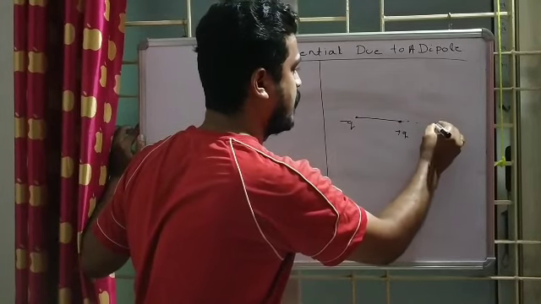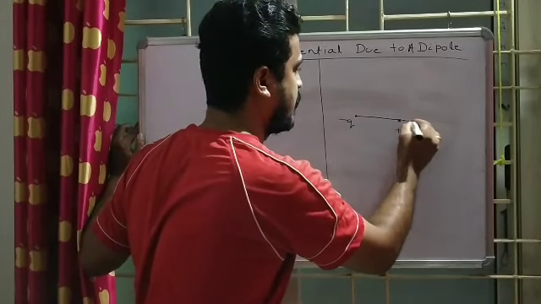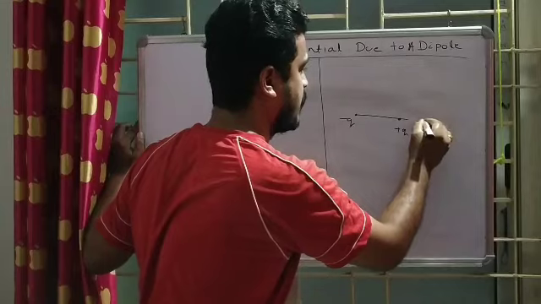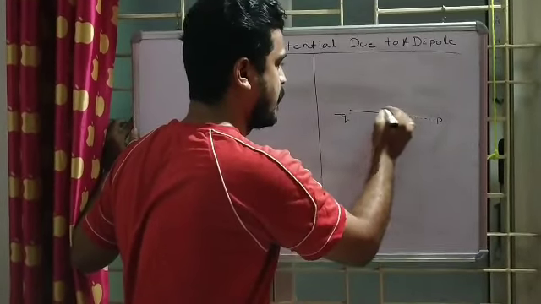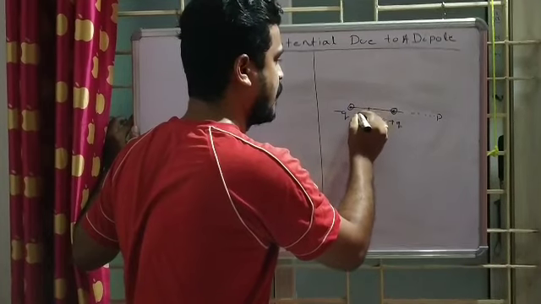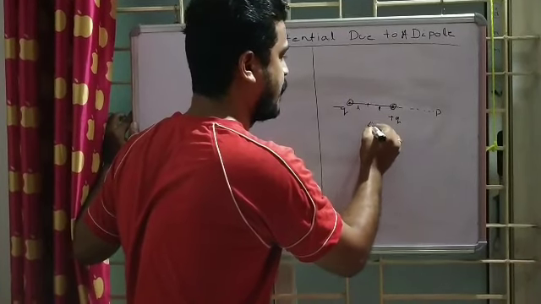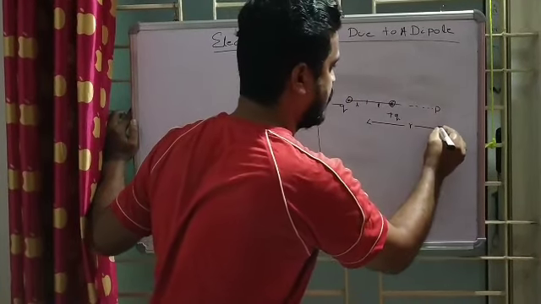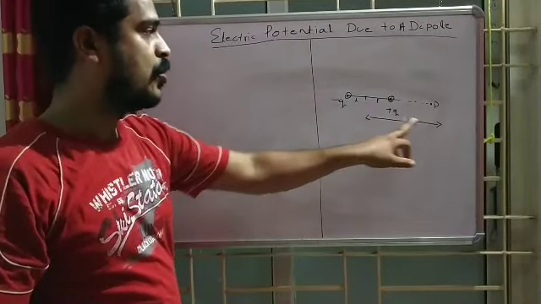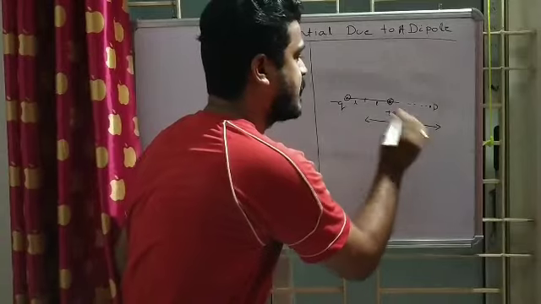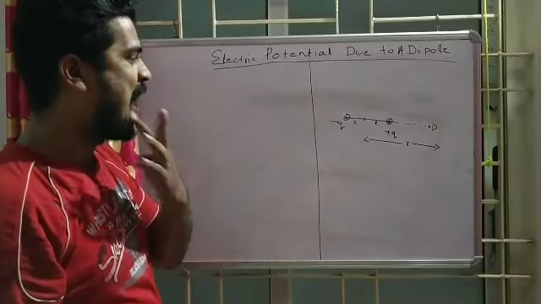Here is the point P, and this is the center. Each charge is at distance L from the center. The distance from the center to the point P I have taken as r.